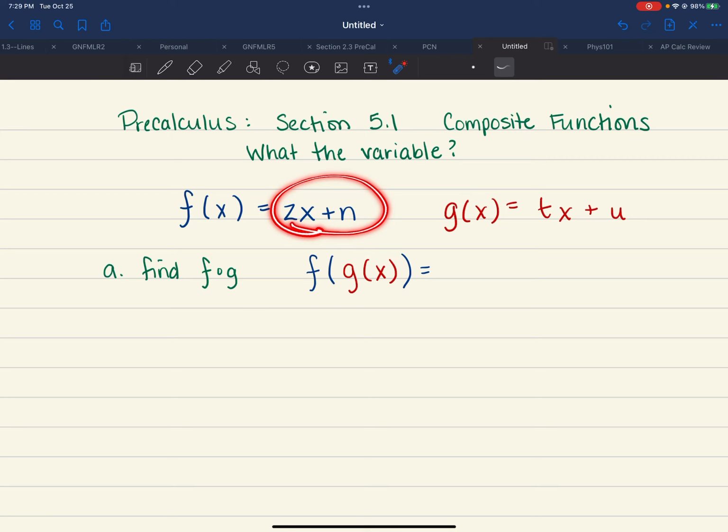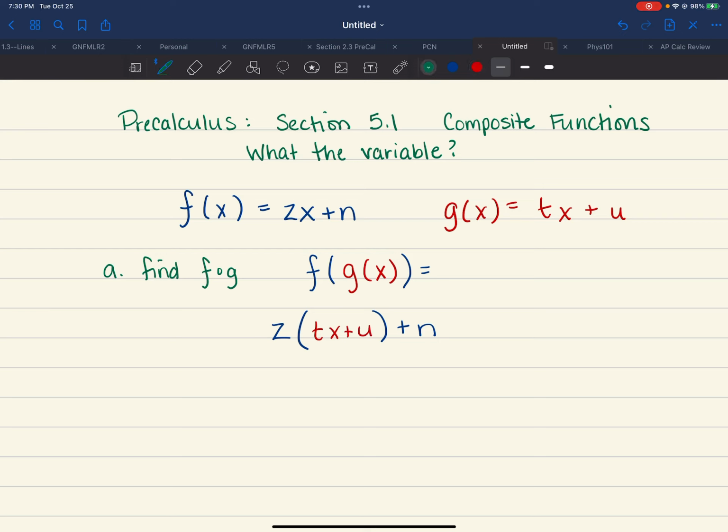And then once I have that, this is going to get tucked into the guts. So let's go ahead and write my outside function. I'm going to do z and then put parentheses where my x is and then put plus n. So that's my outside function. Now on the inside, I want to put tx plus u. So those are the guts that go inside.